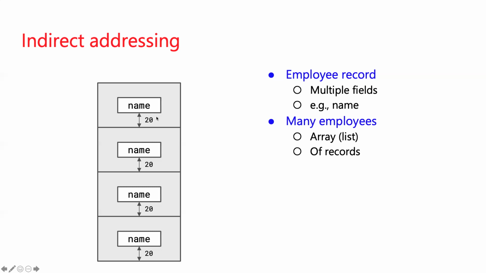Maybe it's 20 bytes into the struct, because some other fields come before it. And there's an interval between the structs: however big an instance of the struct is, that's how far you have to move to get from one instance to the next. Indirect addressing has modes that are made for accessing data like this.